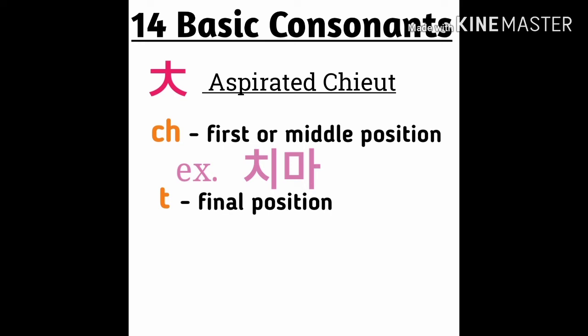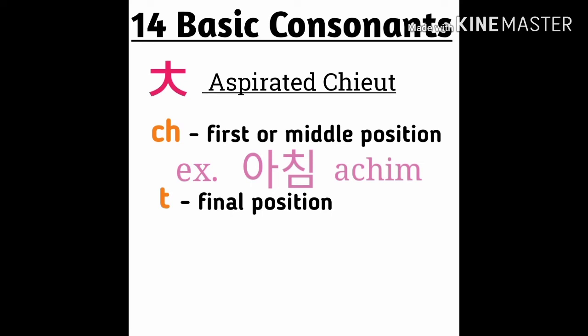We will pronounce this word as chima. Another example, this one, the aspirated chiut is in the middle position, so the sound value of this consonant is ch. We will pronounce this word as achim.